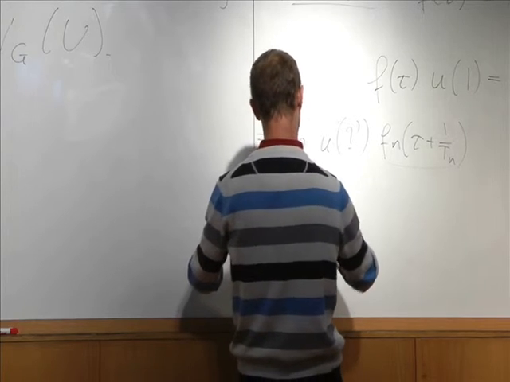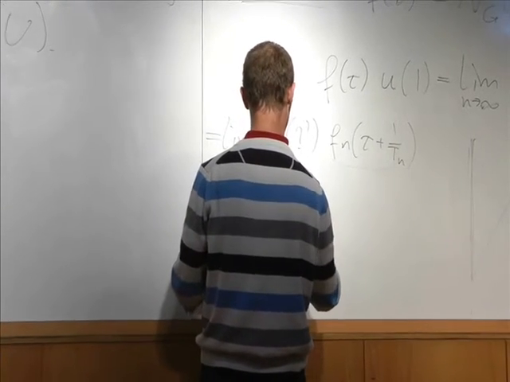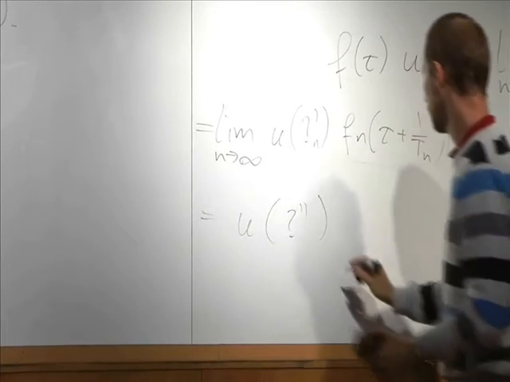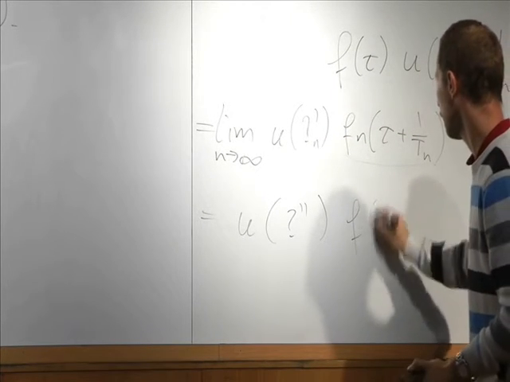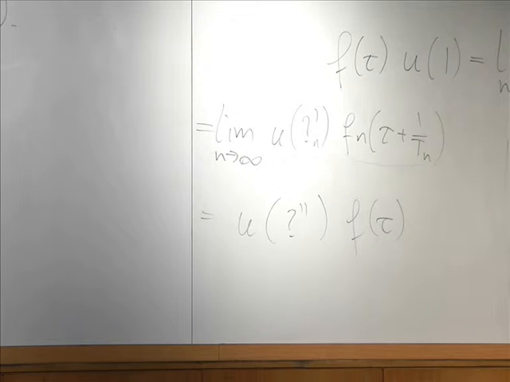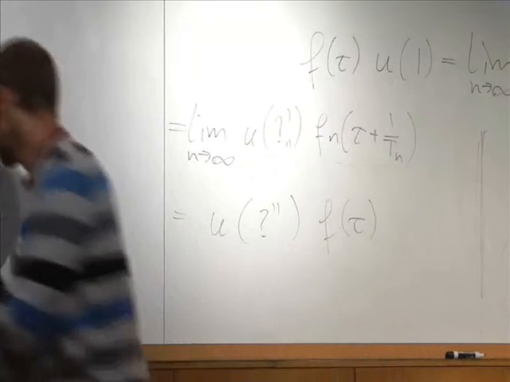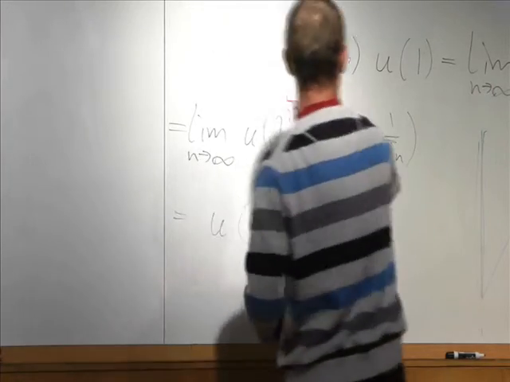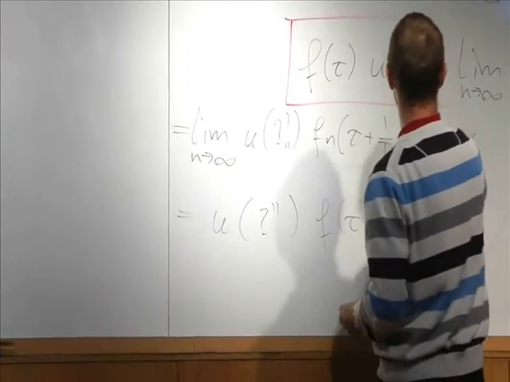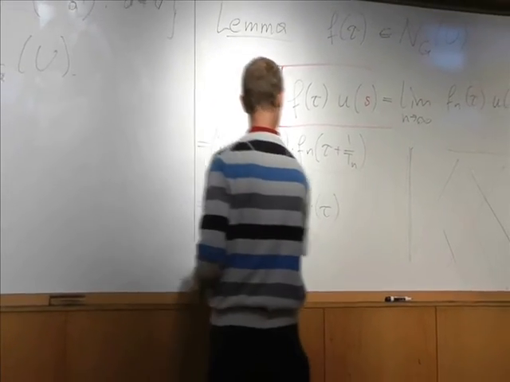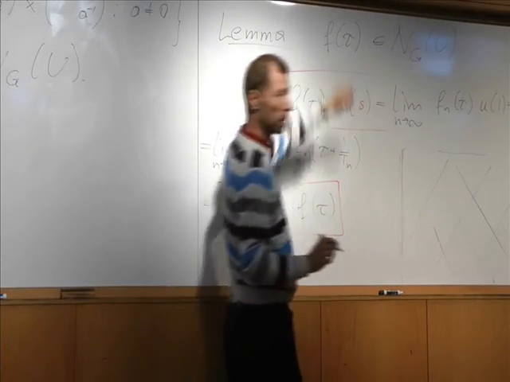So I get u of question mark double prime, which now is not depending on n, comma f of tau. That formula, if you think about it, and maybe slightly generalized with an S here, is precisely the statement.